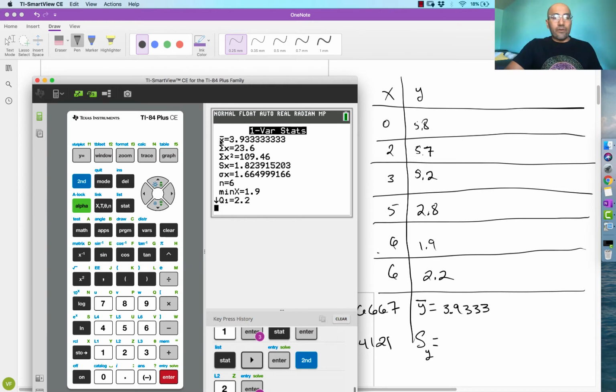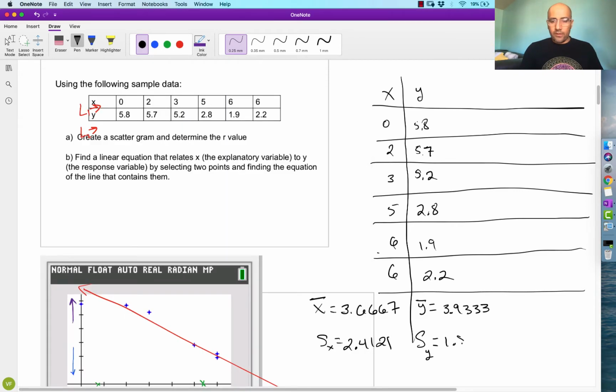We have to know that even though it says x is on here, really we're talking about list 2, which contains the values of this list. So don't let that confuse you. Okay, so the sample standard deviation is 1.8239.